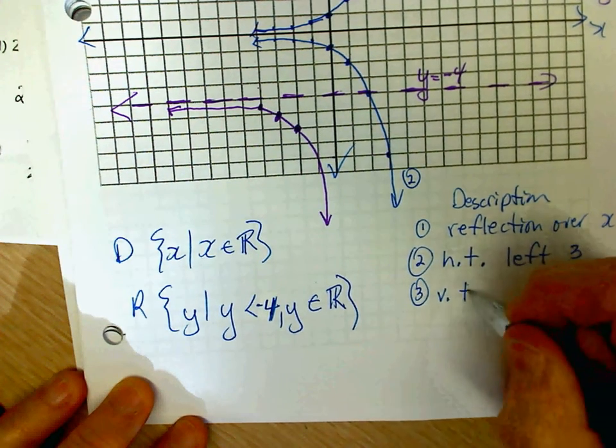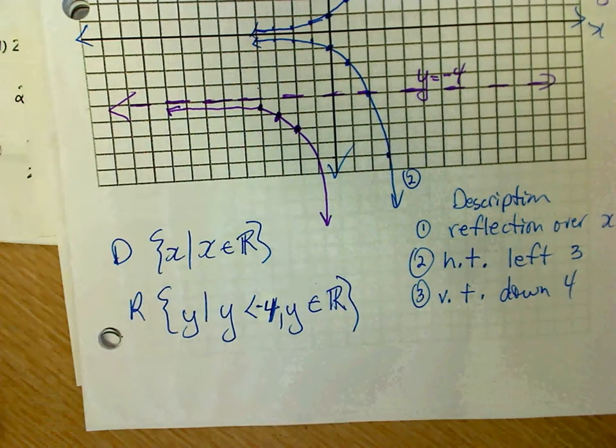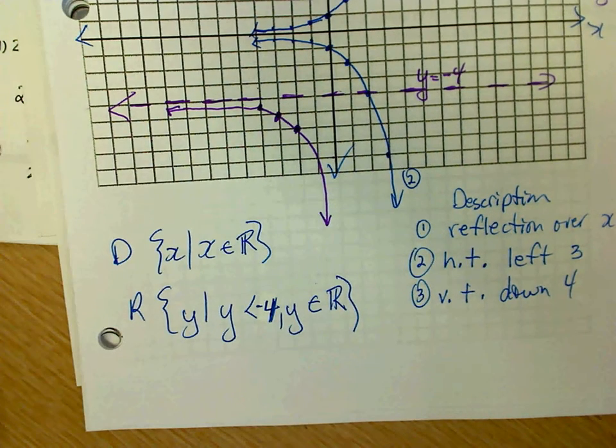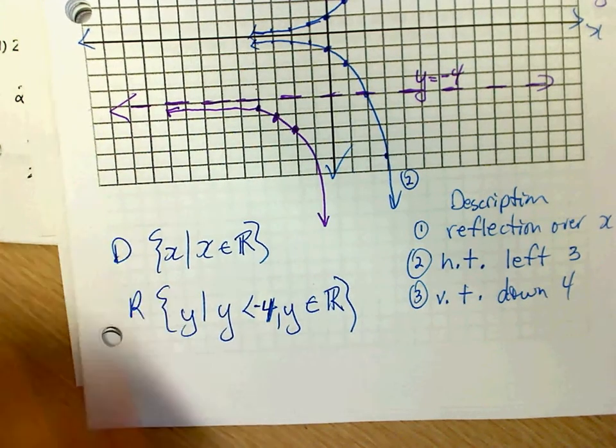Vertical translation down 4. Can you see it's exactly the same as the last unit? Good? Are we good?